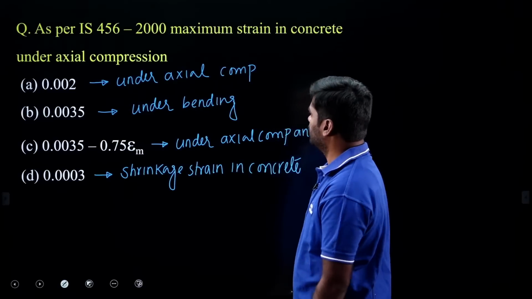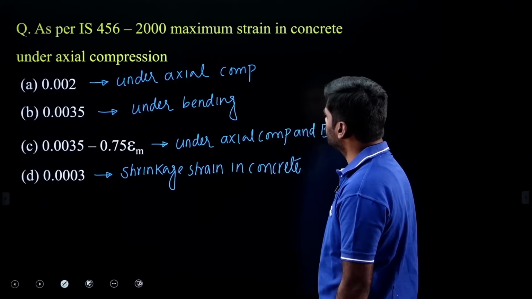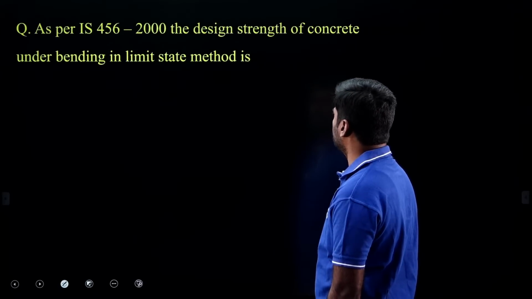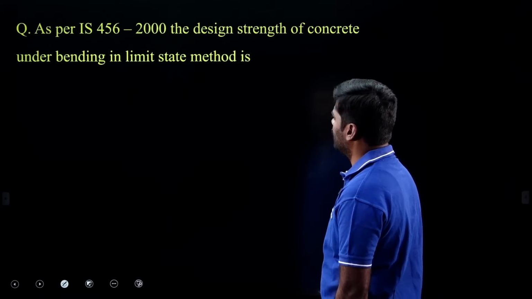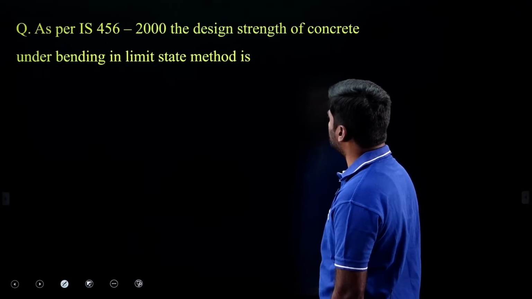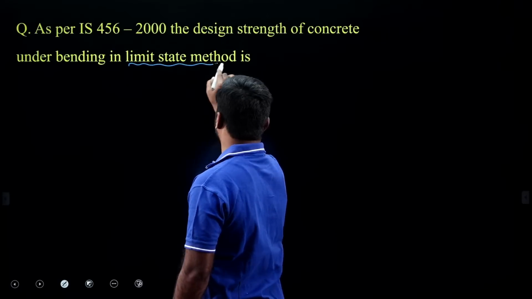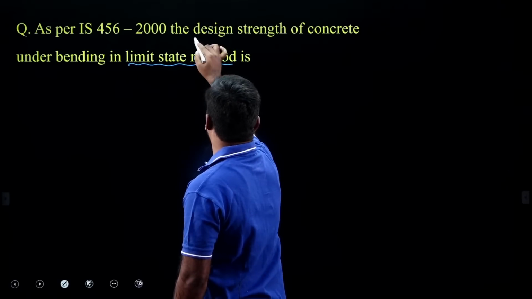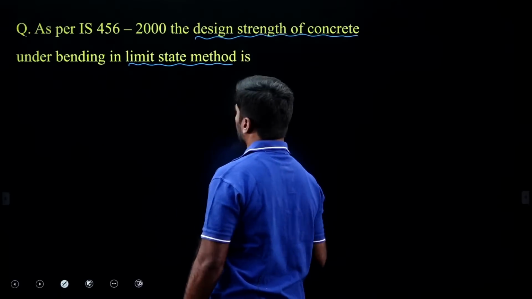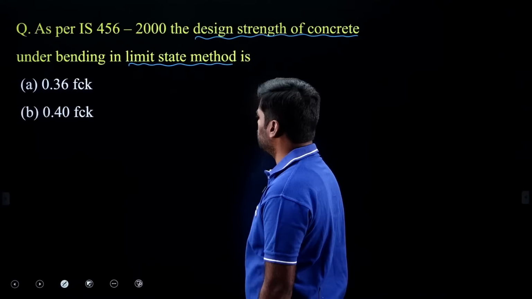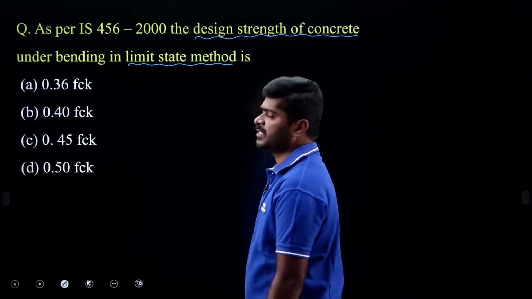Okay, right. Next one, as per IS 456-2000, the design strength of concrete under bending in limit state method is very clearly mentioned in limit state method, design strength of concrete. Okay. Options given: A 0.36 FCK, B 0.4 FCK, C 0.45 FCK, D 0.5 FCK.